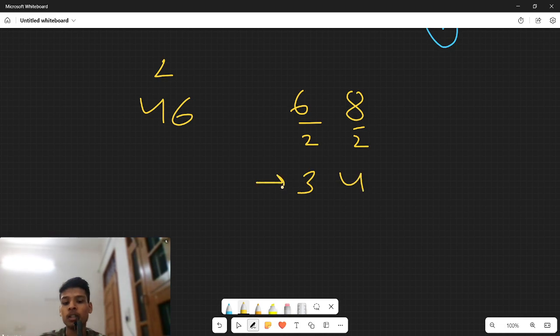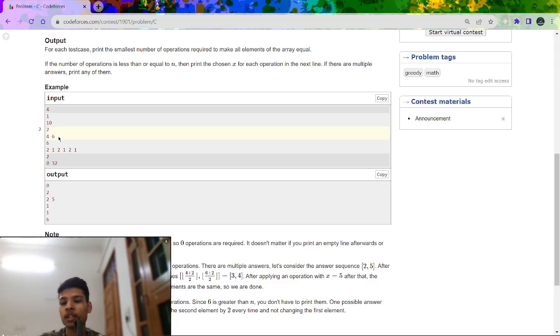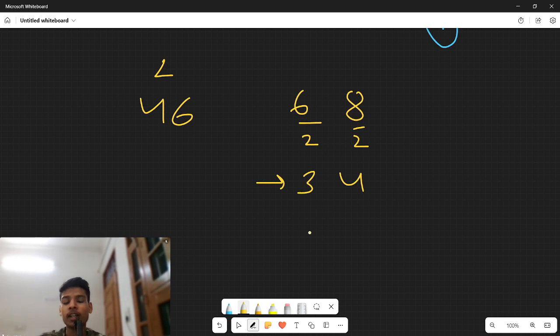But they are not equal. So what is the second operation? The second operation is adding 6. So if I add 6 to both of these, what is my array looking like? If I add 6, here it will become 9, here it will become 10. Then dividing both numbers by 2, it will give me 4. Wait a minute.